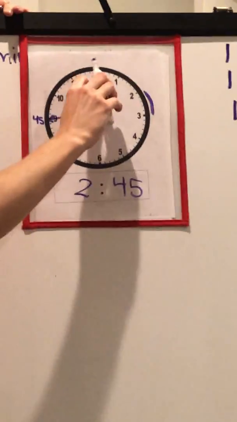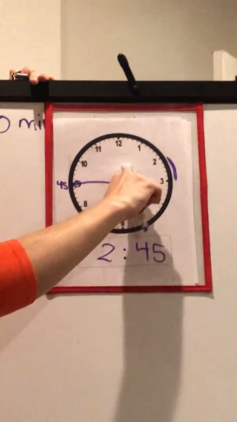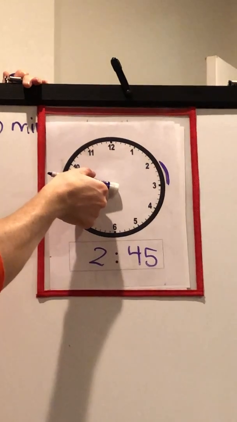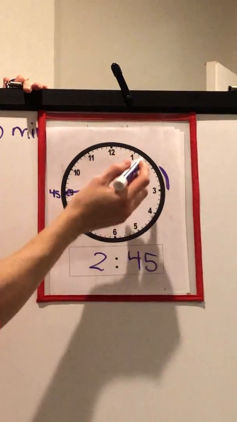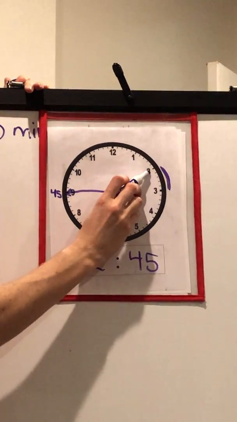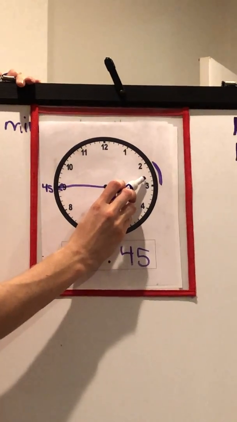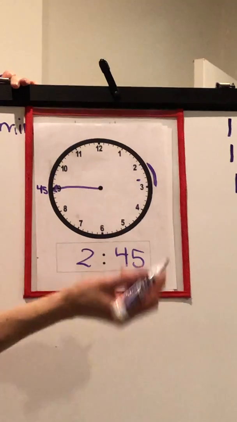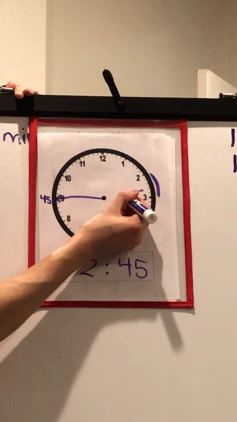Now if my minute hand had to travel all the way past half, it's 3/4 of the way around the clock, which means my hour hand should have traveled most of the way to the 3. It's not there yet, but it's getting close.